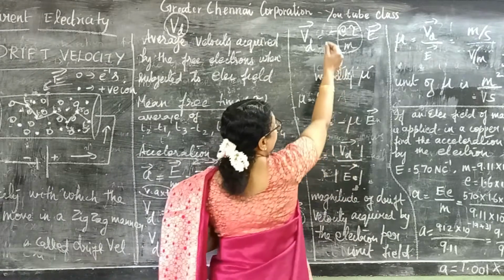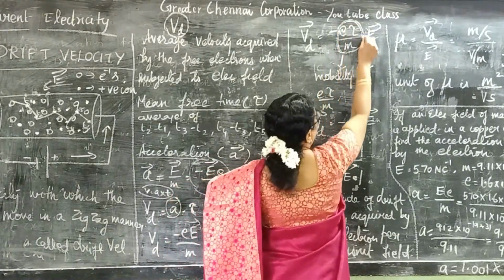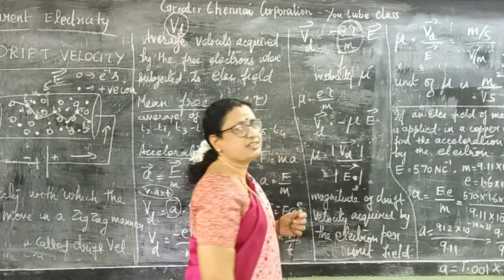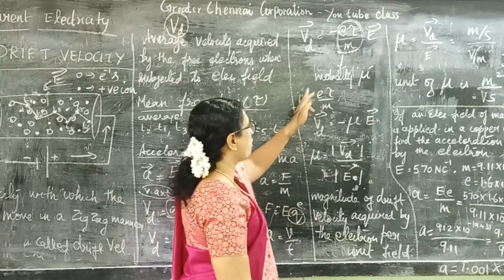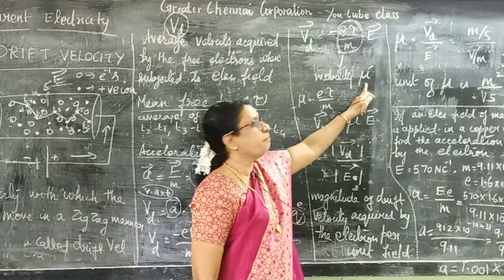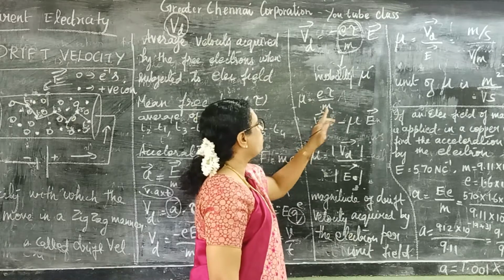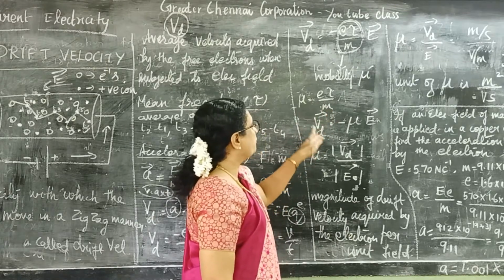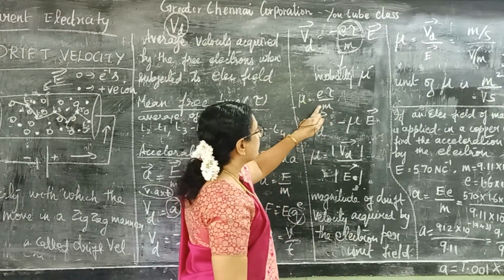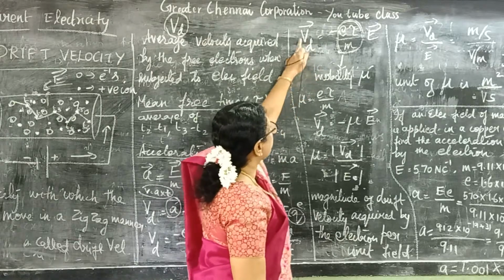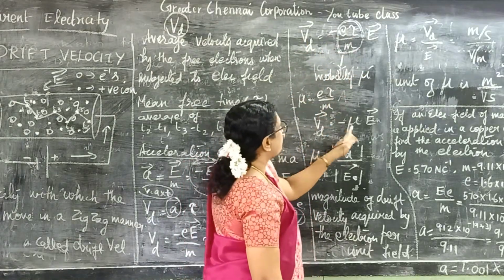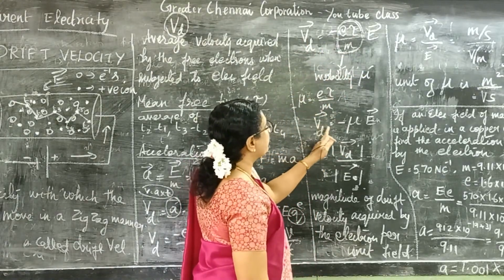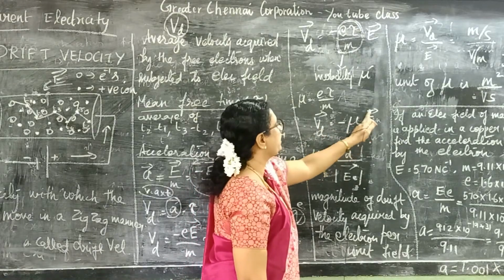Now leaving this negative sign, take only this quantity e tau by m. It is defined as the mobility of the electron. Mobility is denoted by the letter mu. Mu is equal to e tau by m, the mobility of the electron. Now substitute in this drift velocity expression e tau by m, taking it as mobility. So you will have Vd vector is equal to minus mu E vector.